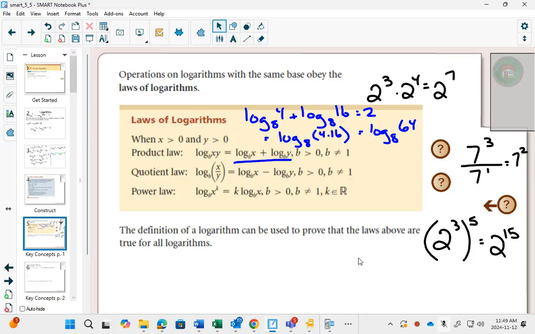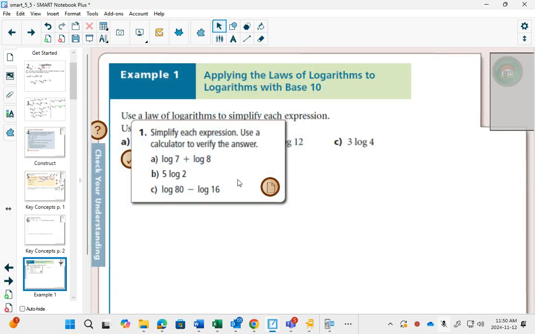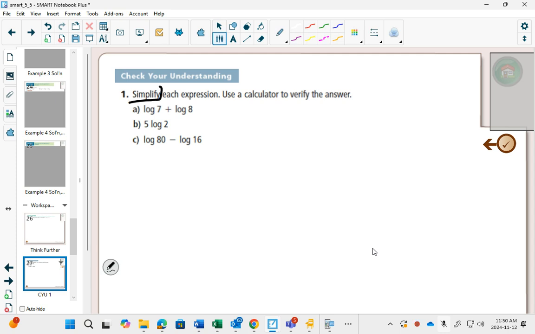You can switch from left side to right side and right side to left side whenever you want. So when we get to example 1 here, example 1 uses the word simplify, and in your log laws, we consider the left-hand side of your log laws to be the simplified version.